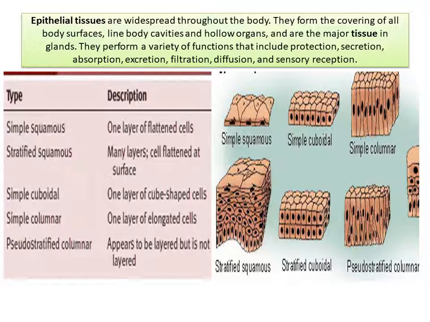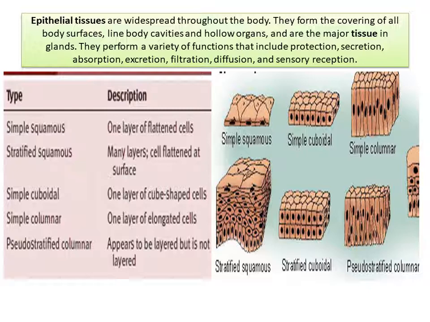You see, these are the important functions of the epithelial tissue. If the question is there, write the functions of epithelial tissue, you can use this line: the major functions of epithelial tissue are absorption, excretion, filtration, diffusion, and sensory reception.